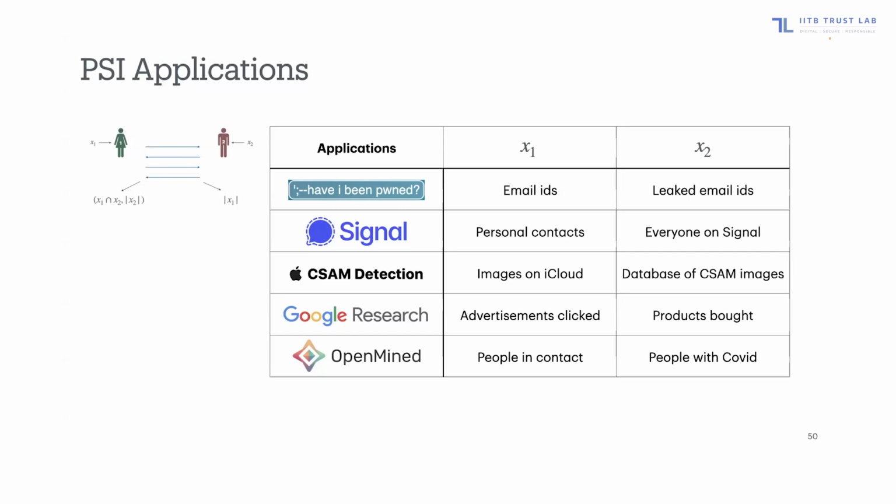Google Research uses it for identifying which users clicked on an advertisement and then went on to buy the actual product. And OpenMined used PSI for its COVID contact tracing. So clearly, private set intersection is an important functionality that needs to have its protocols analyzed, and there are a lot of people already using it in practice.